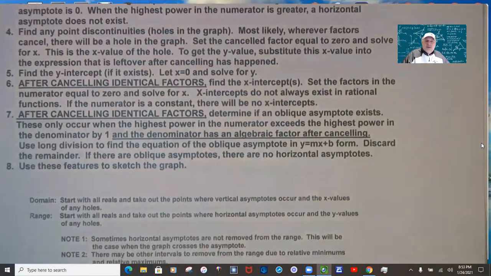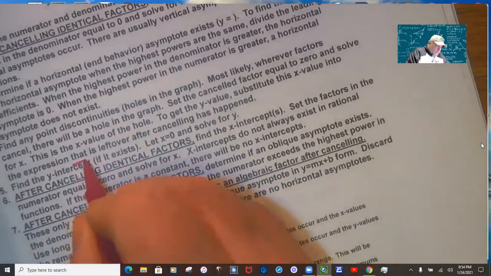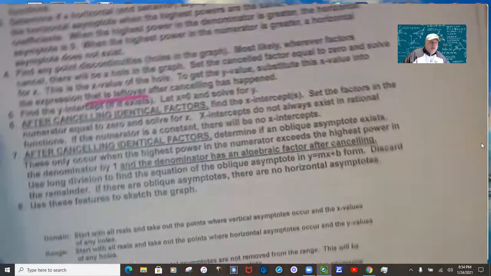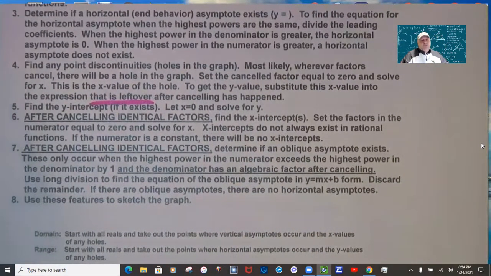So we had no canceled factors in this. Most of the time you will. Set the canceled factor equal to 0 and solve for x. This is the x value of the hole in the graph. To get the y value, substitute the x value into the expression that is left over after canceling has happened.